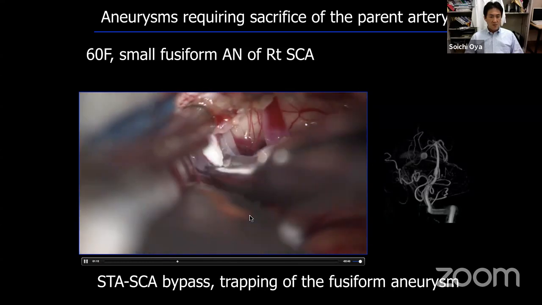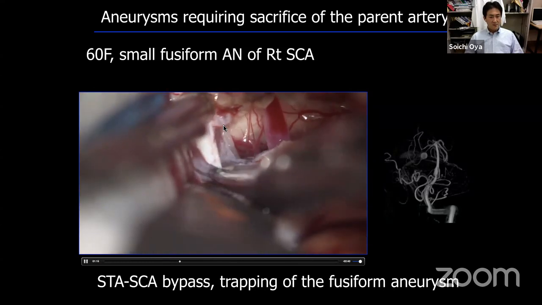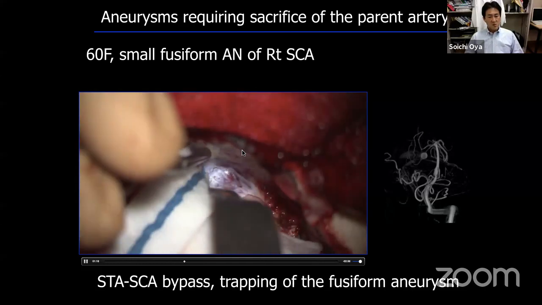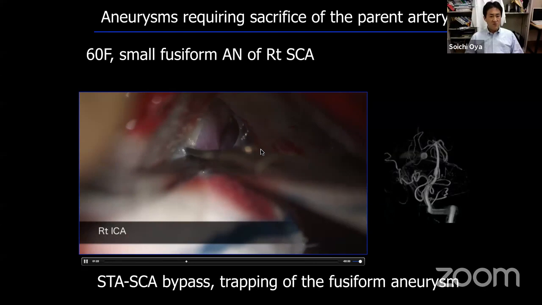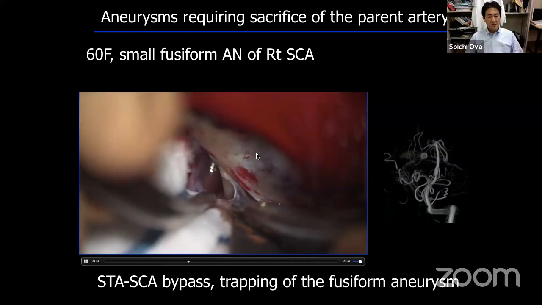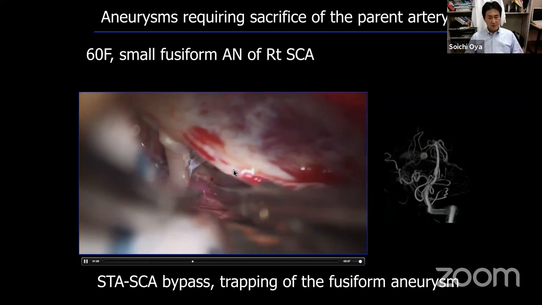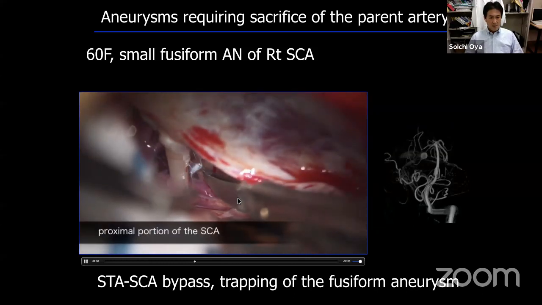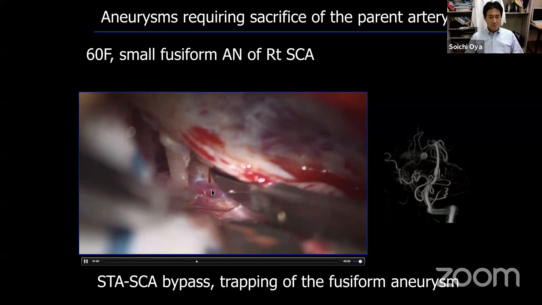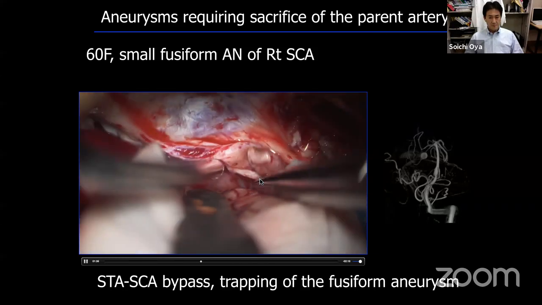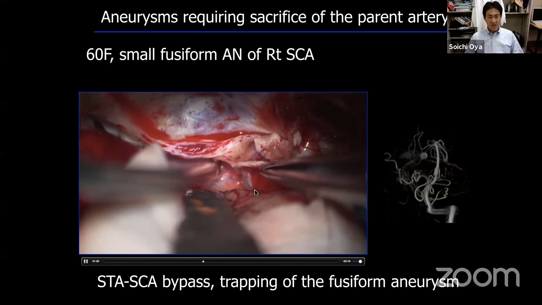And you see here, this is the fourth nerve. I'm exposing the fourth nerve, and I moved anteriorly, and I found the ICA. And this is the oculomotor nerve. And this is the proximal SCA. And the aneurysm is here. And this is the fourth nerve again.